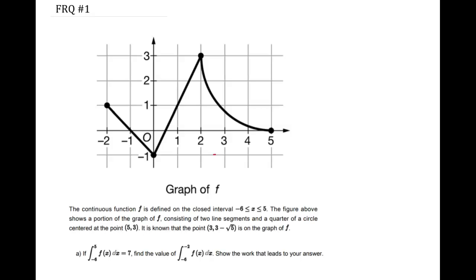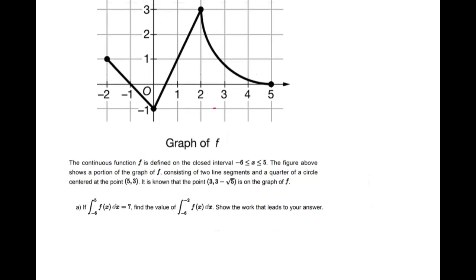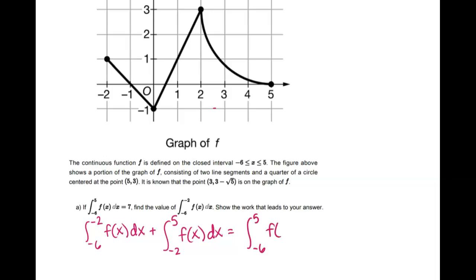Okay, looking at part A, it looks like we will need to use general properties of integrals back from when we first learned about integrals. So I know in general that the integral from -6 to -2 of f of x dx plus the integral from -2 to 5 of f of x dx is equal to the integral from -6 to 5 of f of x dx.